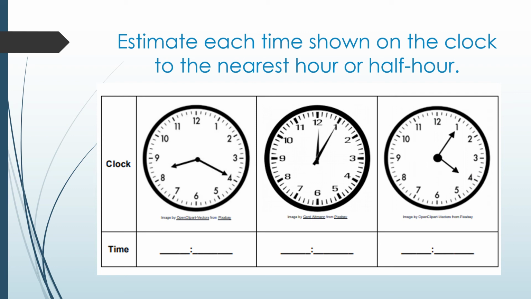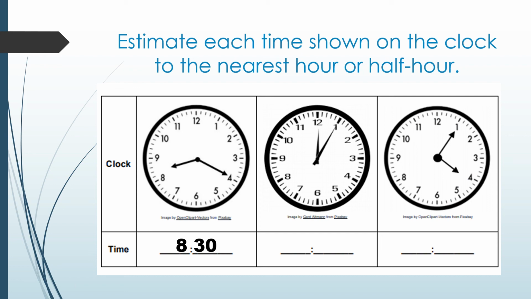Our hour hand is at the 8. Our minute hand is at the 4. So if our minute hand is here at the 4, is it closer to the 6 or closer to the 12? It would actually be closer to the 6. So it's going to be closer to the half hour. So to estimate this time, it will be closer to 8:30.